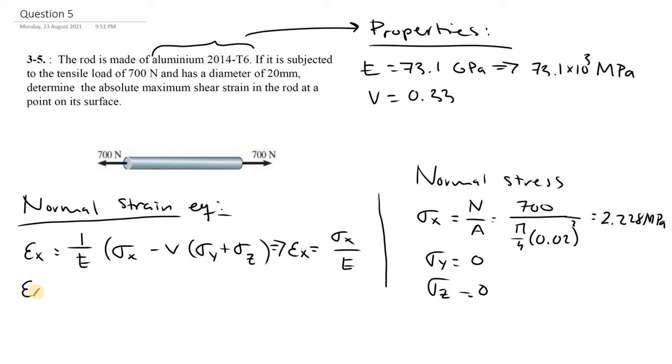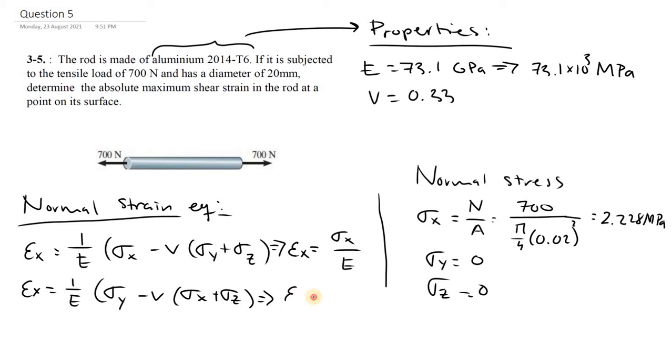For our normal strain in the y direction, it's 1 on Young's modulus times the normal stress in y minus the Poisson ratio times the normal stress in x plus the normal stress in z.